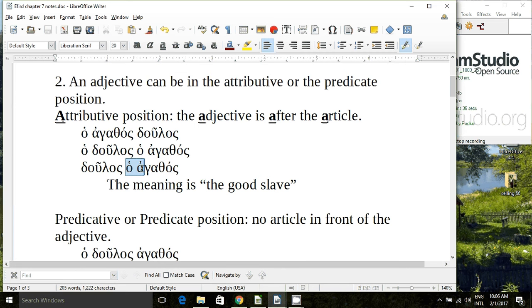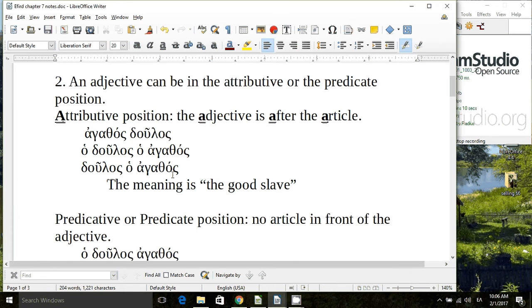The important thing is, where is the article in relation to the adjective? The adjective here is agathos, good. The noun is doulos, slave. Since slave is masculine, singular, nominative here, so must my adjective be.